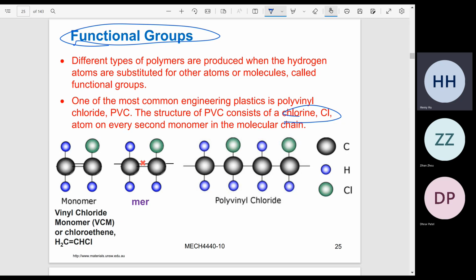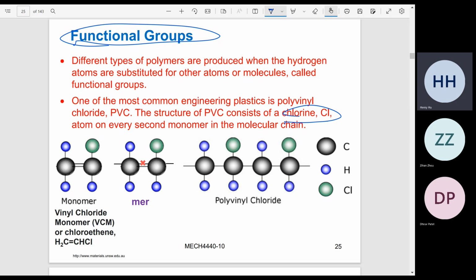The reason they want to use other types of atoms or molecular structure to replace those hydrogens in the chain structure is because they want to change the property. They want to manipulate the property of that piece of polymer. As simple as that.